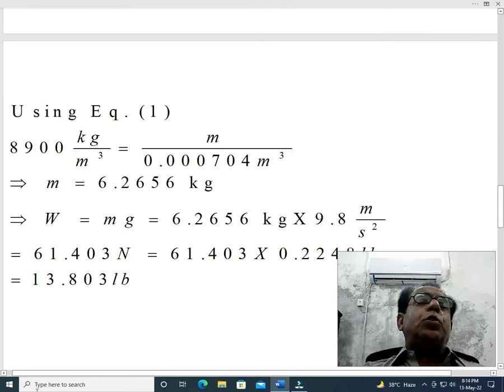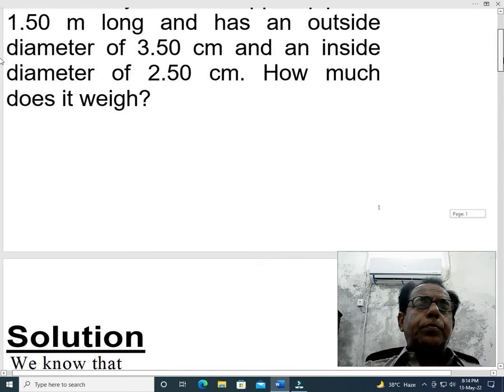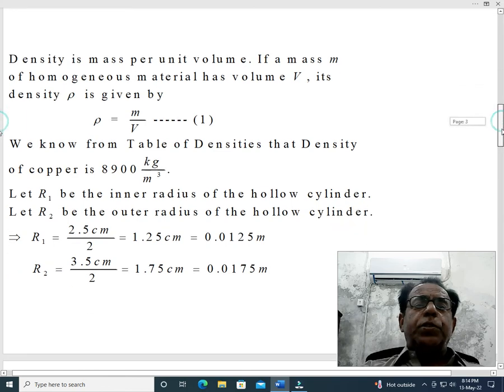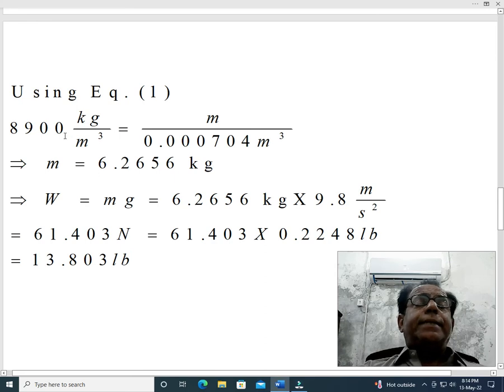Now, using equation number 1. Okay, what is equation number 1? This is equation number 1, that rho is equal to density, rho is equal to mass over volume. This density is given in the table of densities, where density of copper is given as 8.9 into 10 raised to the power 3 kilogram per meter cube, and that was written in this form as 8900 kilogram per meter cube.